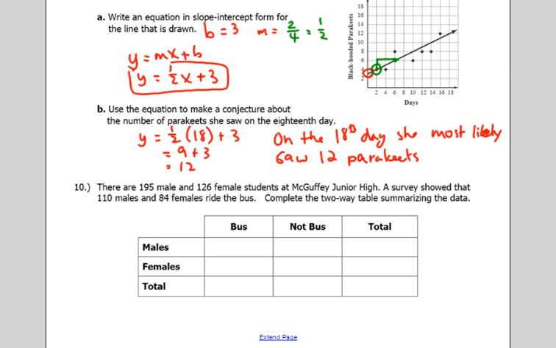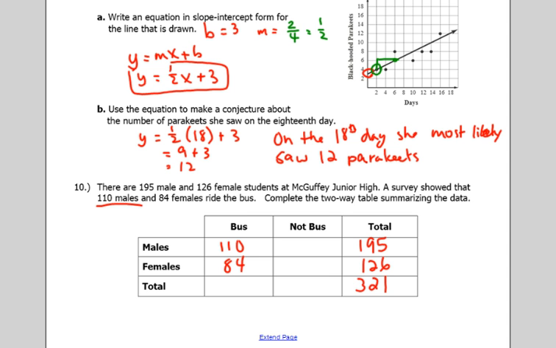Number 10, there's 195 male and 126 female students. That's the total. So 195 male, 126 female. So my total students would be the total of these two together, which is 321 total students. And then it says 110 males ride the bus and 84 females ride the bus.